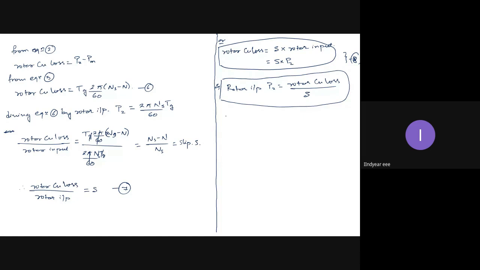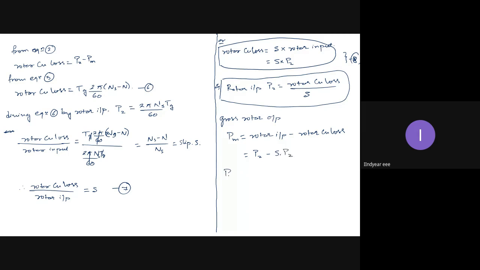The gross rotor output Pm is equal to rotor input minus rotor copper loss, which is P2 minus S into P2.